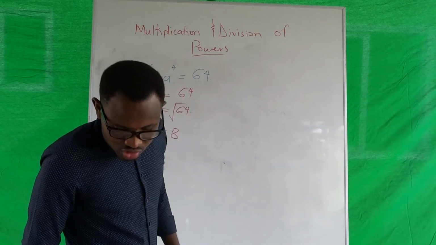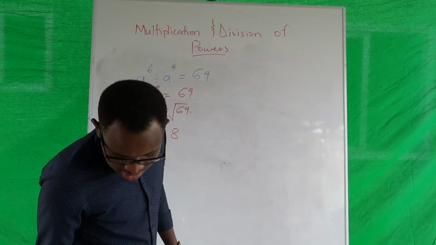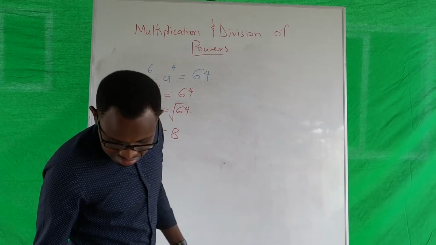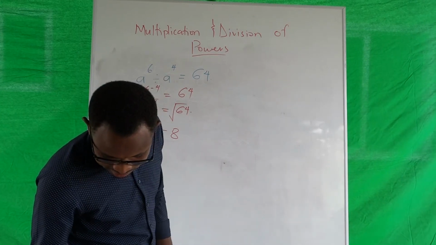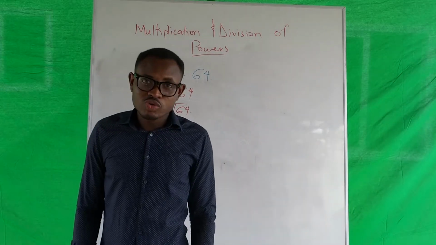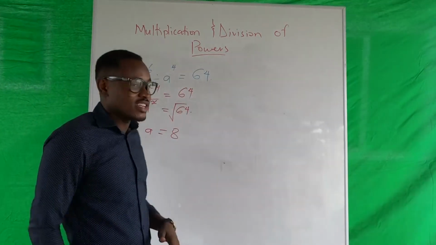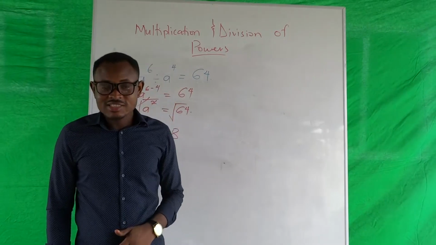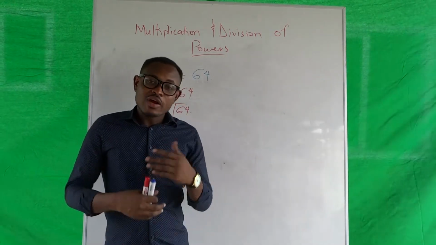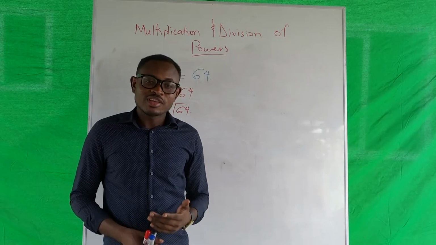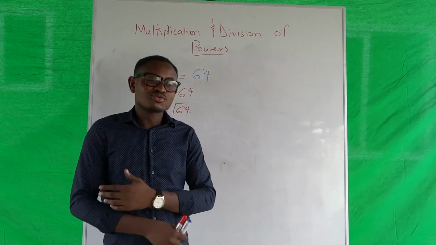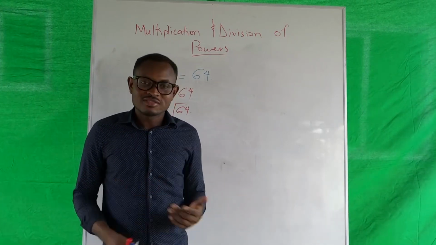Alright, basically we are done. Those watching us from home, we hope you have understood everything we did here today. I just want to encourage you that maths is a beautiful thing. Keep solving and you will love it.